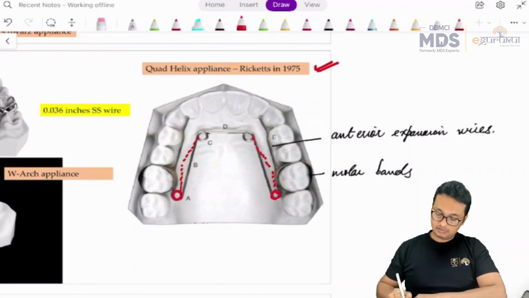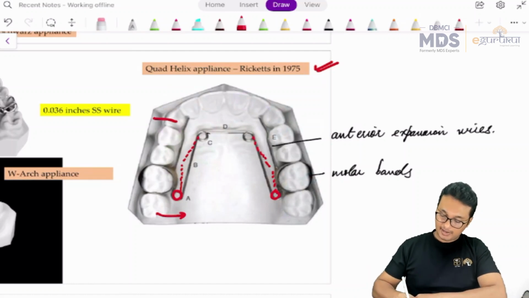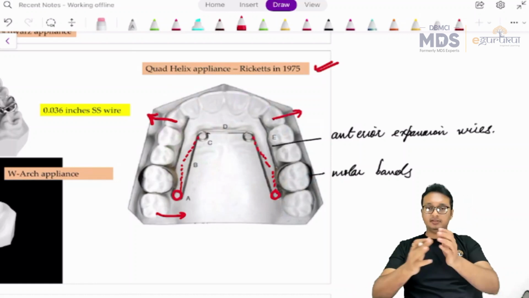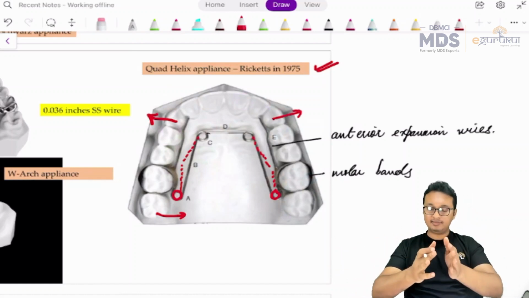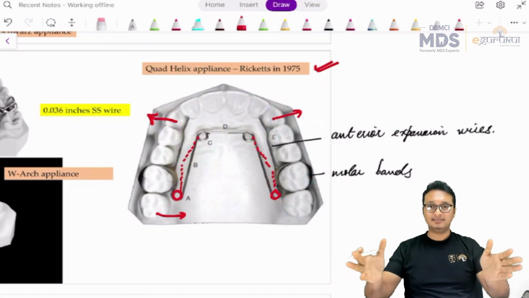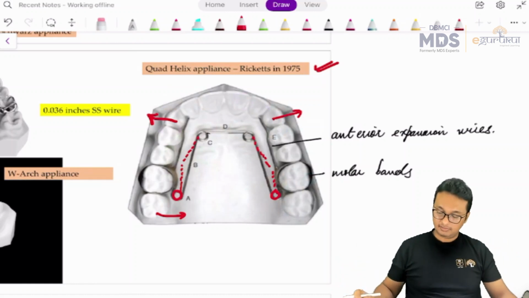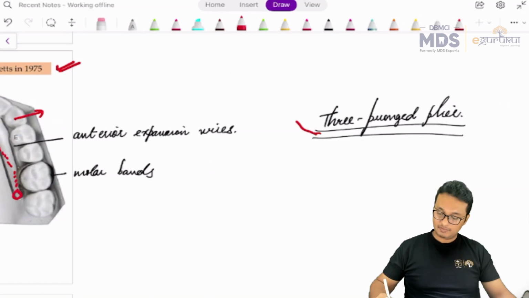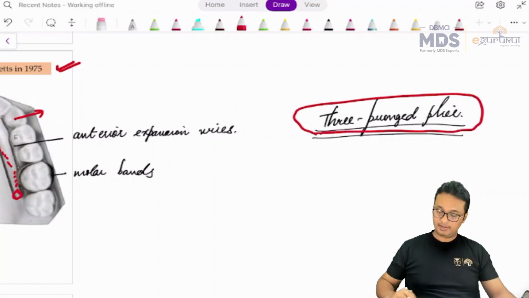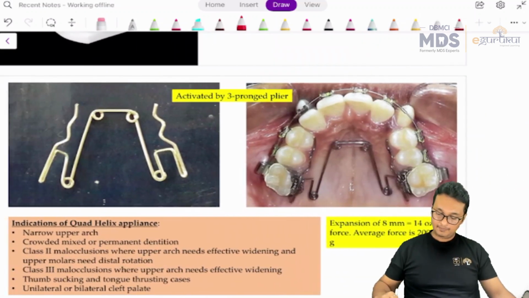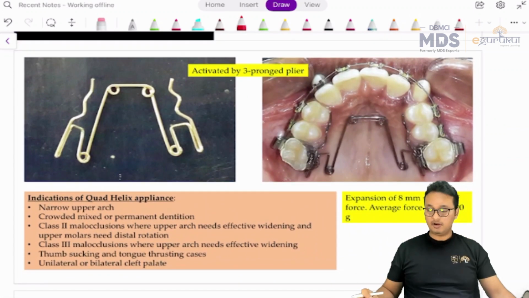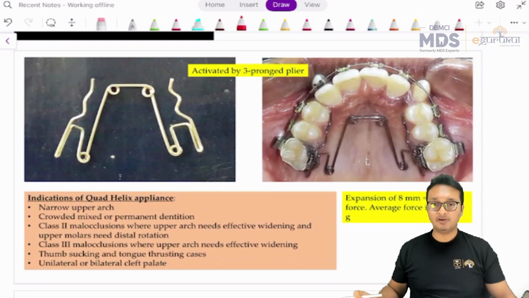So this will lead to contraction of the posteriors and expansion of the anteriors by means of anterior expansion wires. They get flared out, and hence the expansion of the upper anteriors can take place. So this is the activation mechanism, which is done by using 3-pronged plier. So this is an example of the appliance which is placed intraorally.